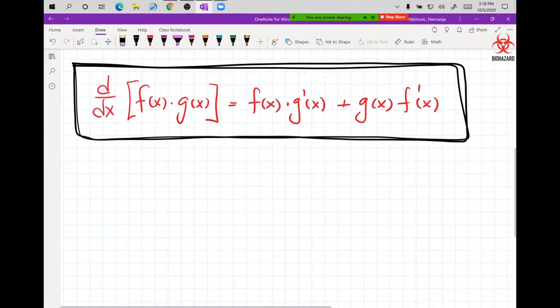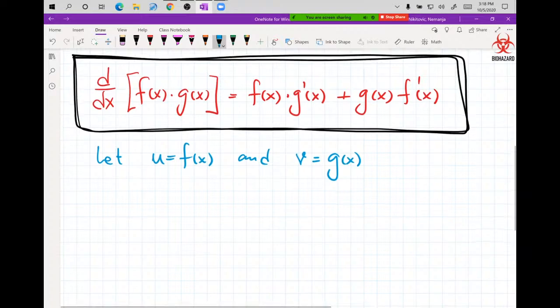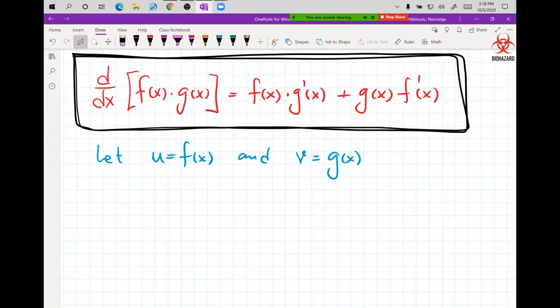Another way that people write this very frequently is using substitution. Let u be f of x and, sorry, v, not g, v be g of x. These are still functions, but this allows us to write it cleaner, right?